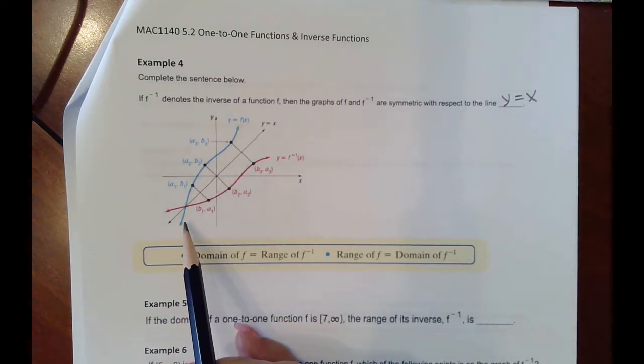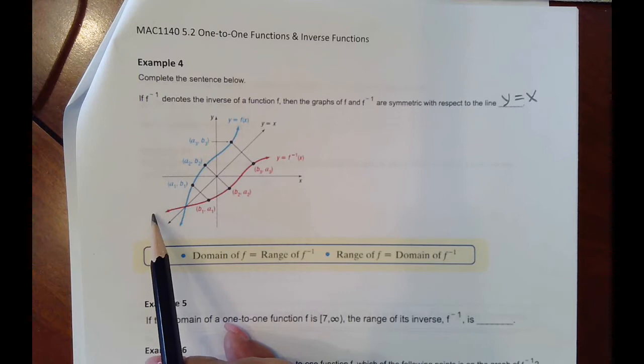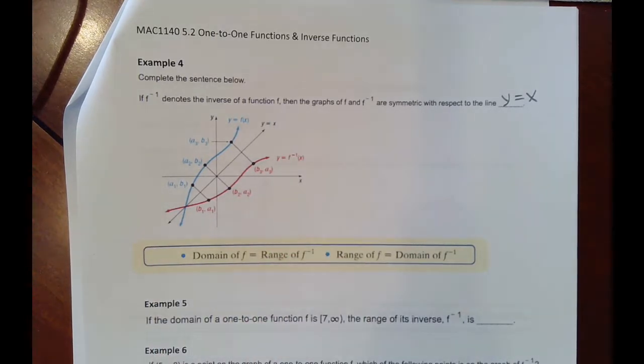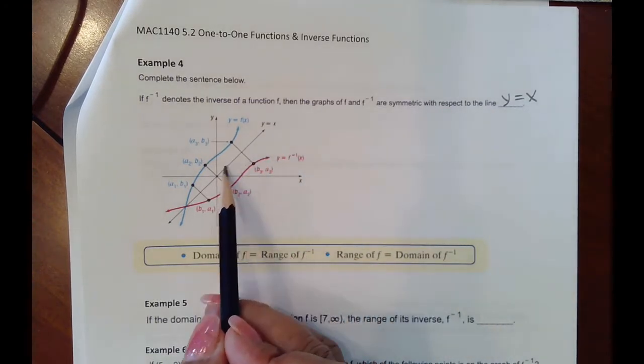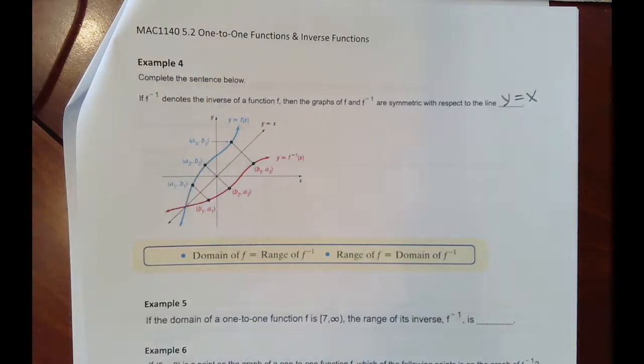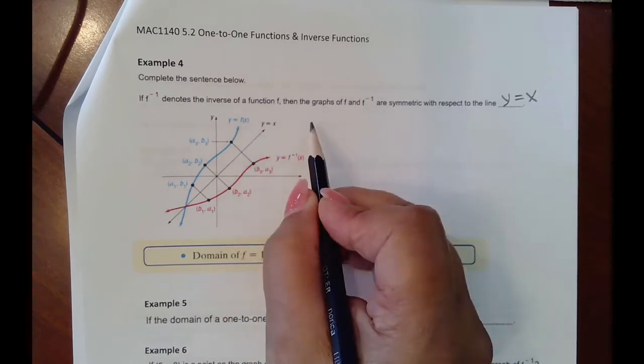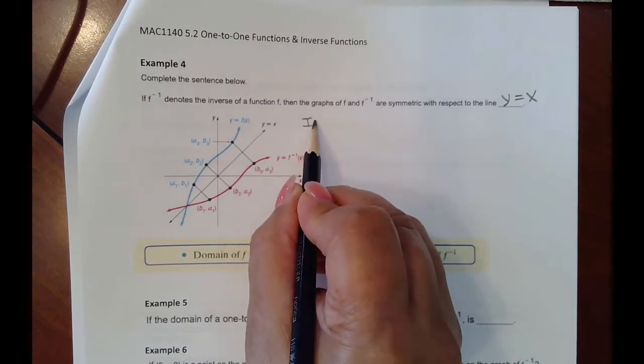Here's the original function. Here's the inverse function. And if you have any kind of spatial orientation, you can maybe see this. Otherwise, you could just try it physically. If you crease your paper right here and fold this image on top of the blue image, they would actually superimpose each other, which means these two images are mirror images.